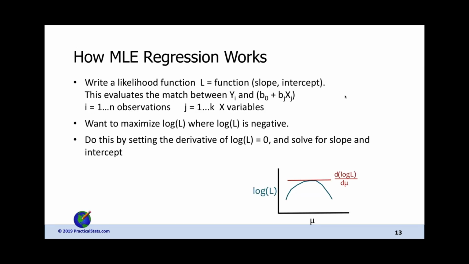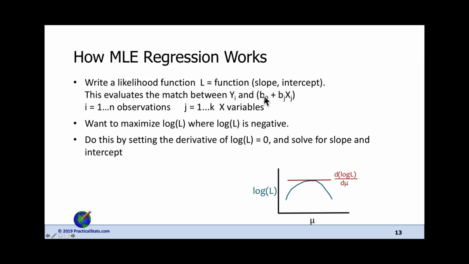Okay, mathematically, how does it work? I'm not going to go into the math too much, but just a little bit. There's this thing called the likelihood function, and it's just a function that says, how close does my prediction, which would be for regression, the intercept plus the slope times the x variable or variables. These j's could be more than 1, so we could have 3 or 4 x variables.